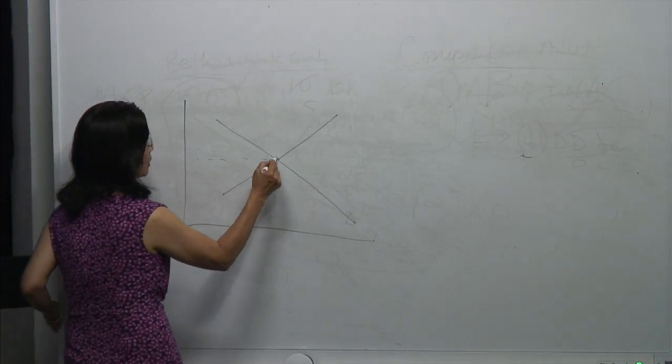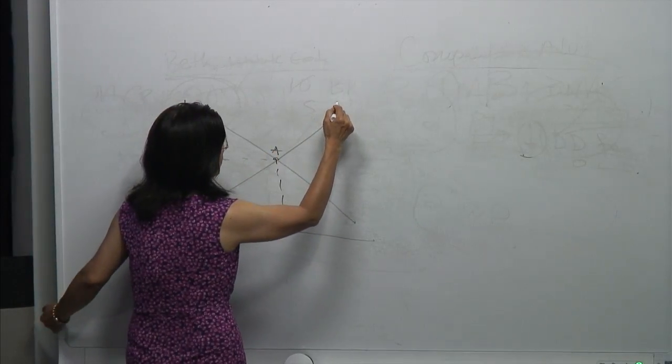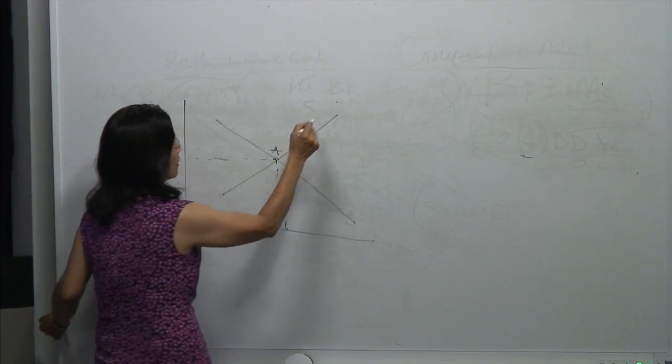So one example would be, let's look at the example here. We want to look at effects on the skateboard market of an increase in the price of the fiberglass. So what is fiberglass? What's the relationship between fiberglass and skateboard? Somebody tell me, what is it? No, we're not doing the demand side now, we're doing supply side.